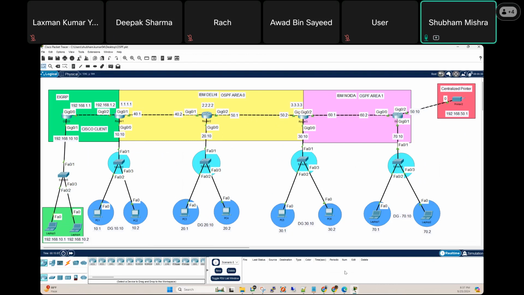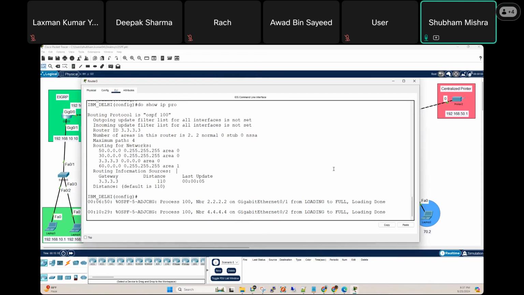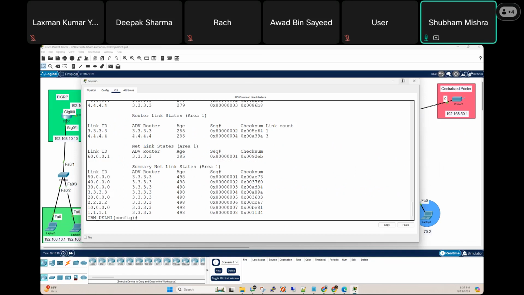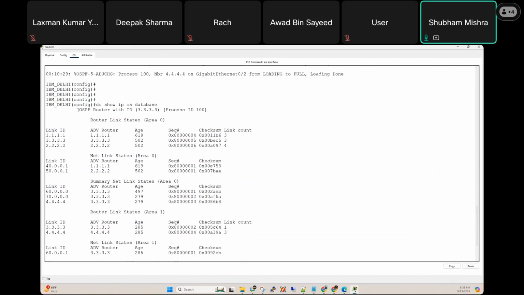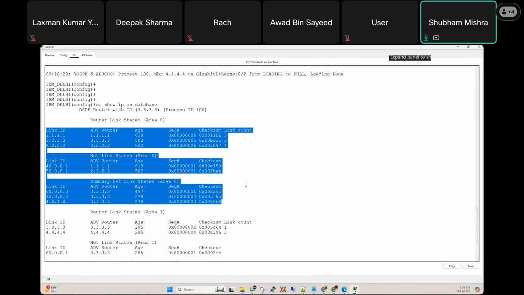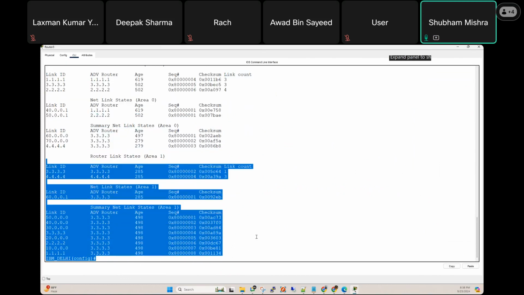So if you check this router, if I run show ip ospf database, see, this is area number 0, which means these LSAs are part of area 0, and these LSAs are part of area number 1.